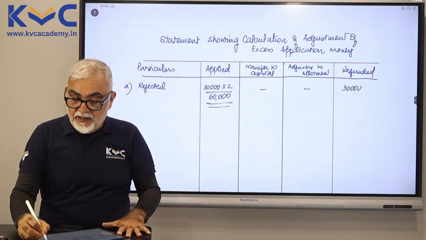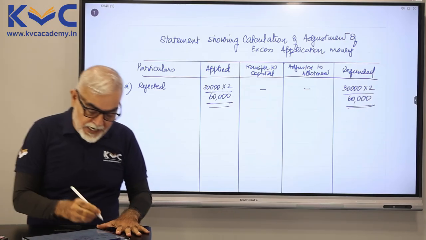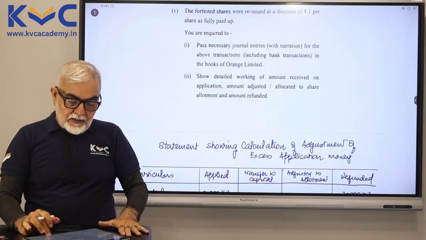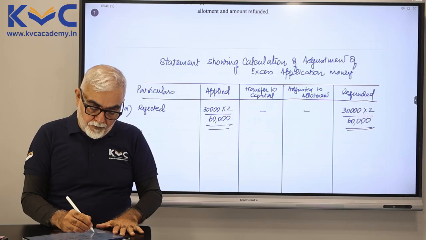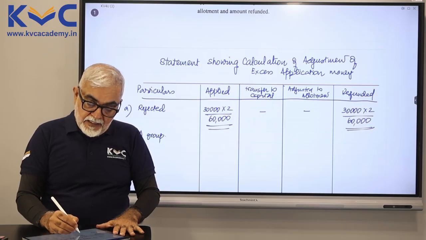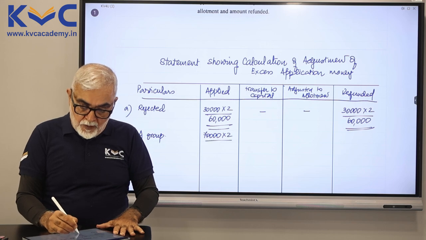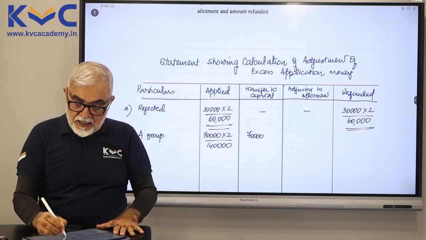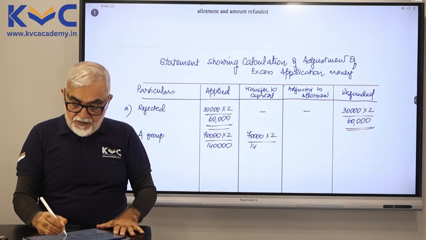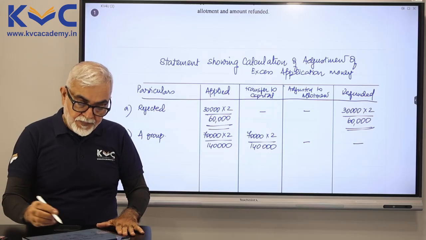So you have refunded the entire amount of 60,000. Okay? Now those categories. 70 got 70. This is A group. 70,000 who paid you 1,40,000, you gave them 70,000 shares for 1,40,000. No adjustment, no refund. Okay.